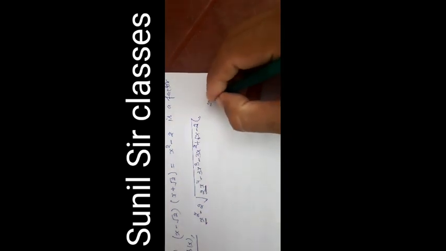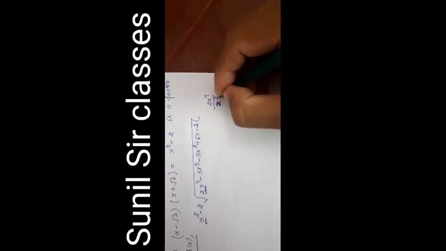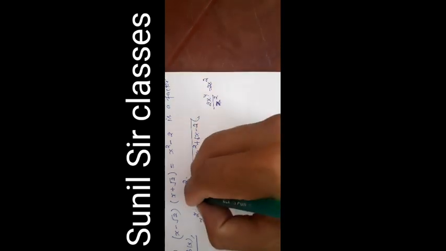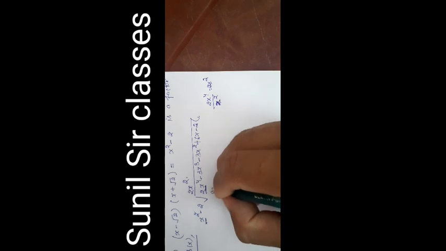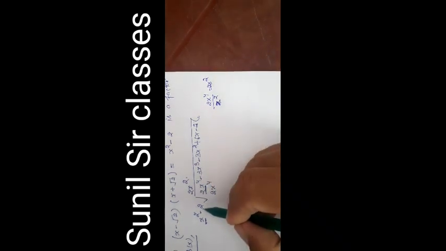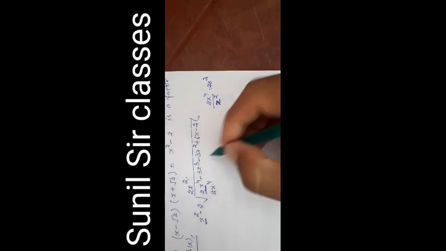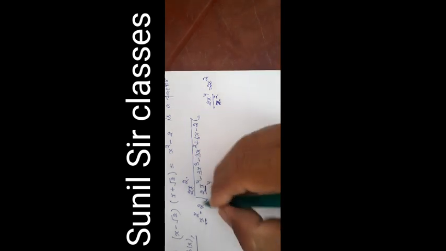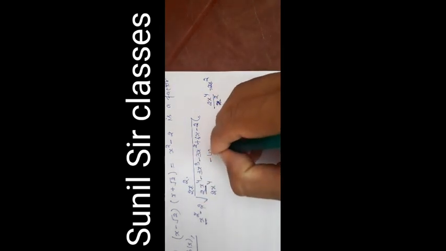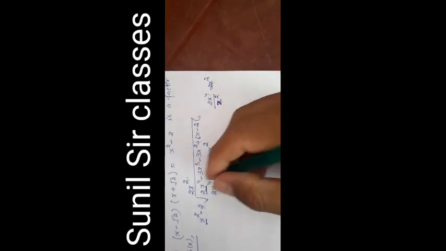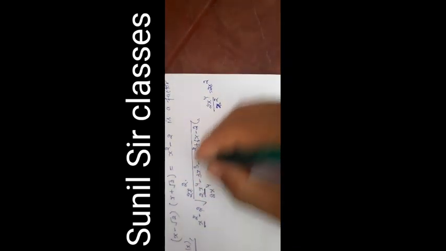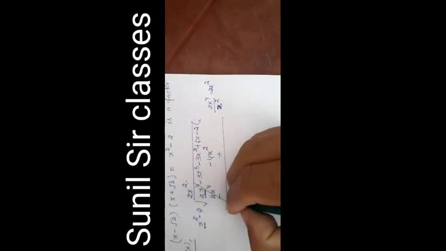So you can write 2x^4 divided by x square, it is 2x square. Then 2x square into 2 is minus 4x square, and we need to write like terms under like terms. After multiplication, what will we do? Just change the sign and cancel out.